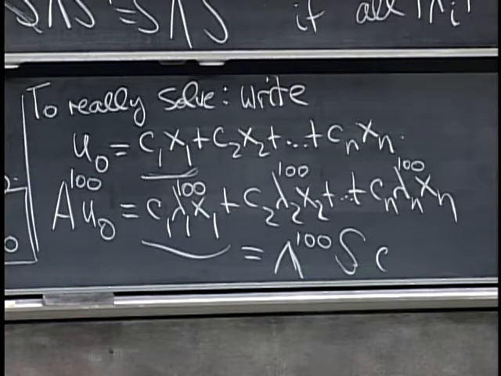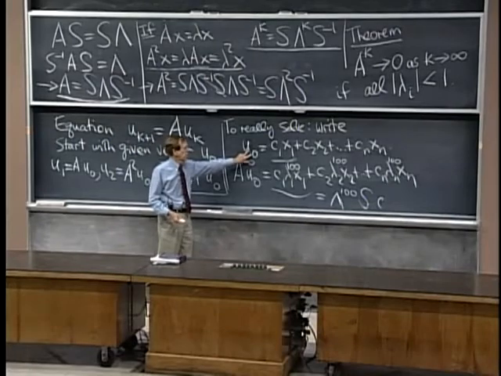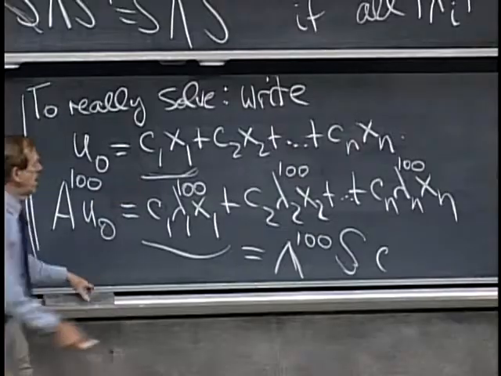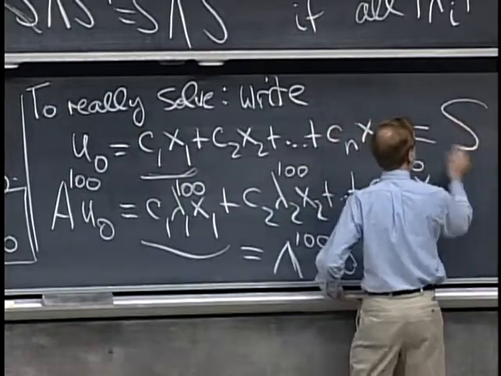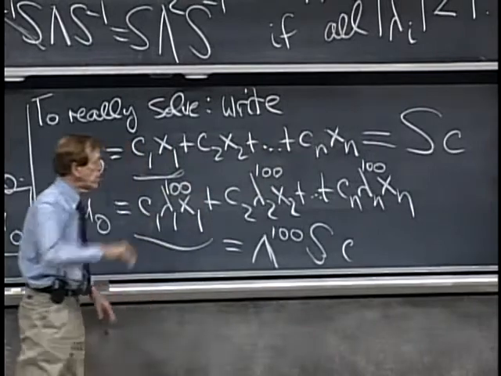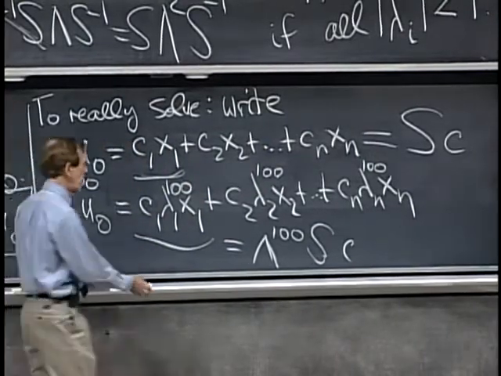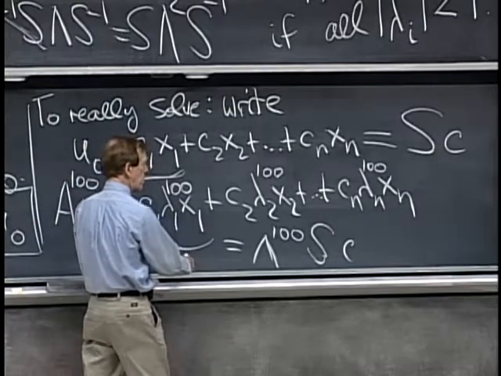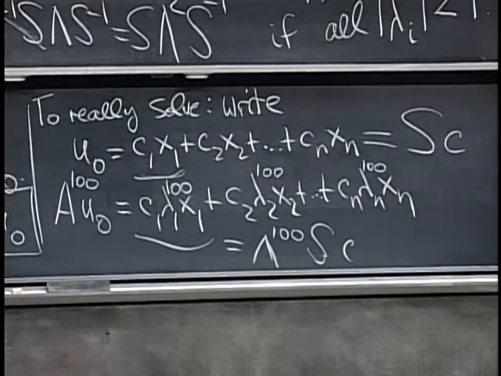So if I had to really find the 100th power, I would take u naught and expand it as a combination of eigenvectors. This is really S, the eigenvector matrix, times c, the coefficient vector. And then, by inserting these 100th powers of eigenvalues, I'd have the answer.